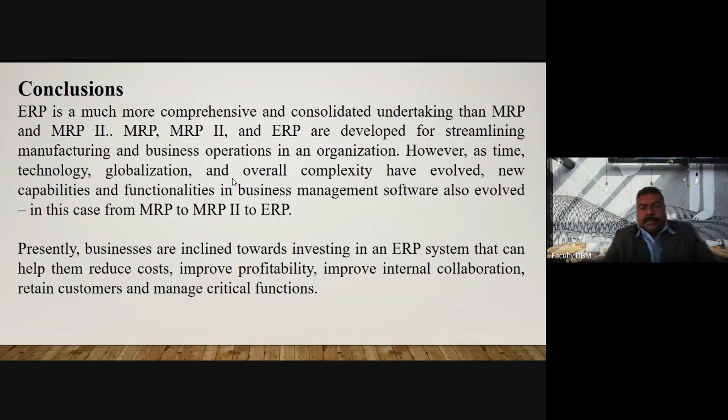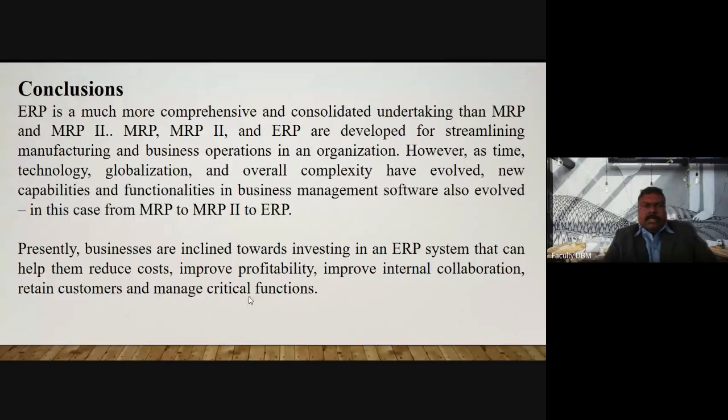In this case, for MRP to MRP2 and ERP, this transformation has happened. Presently, businesses are inclined towards investing in an ERP system that can help them reduce cost, improve profitability, improve internal collaboration, retain customers, and manage critical functions.